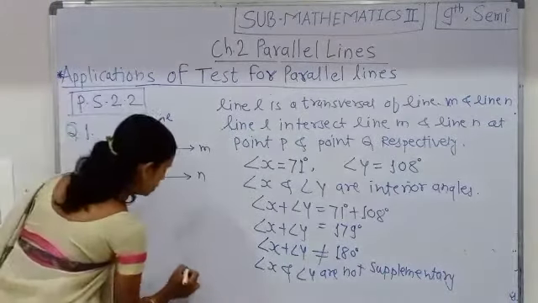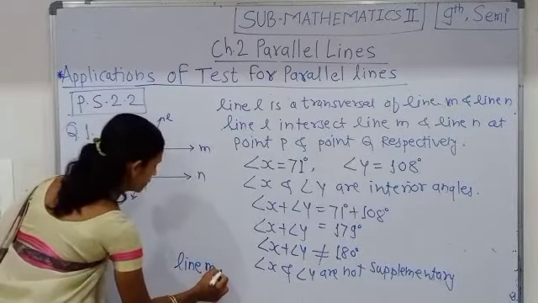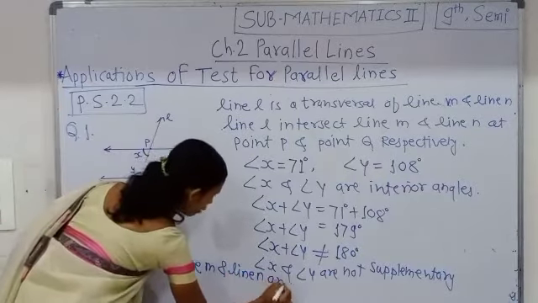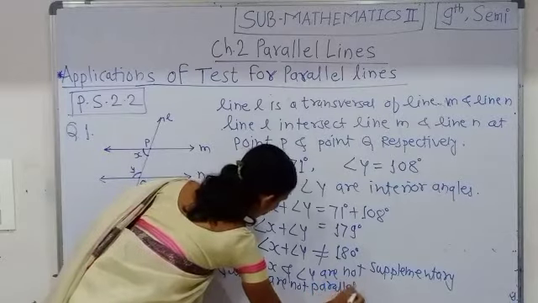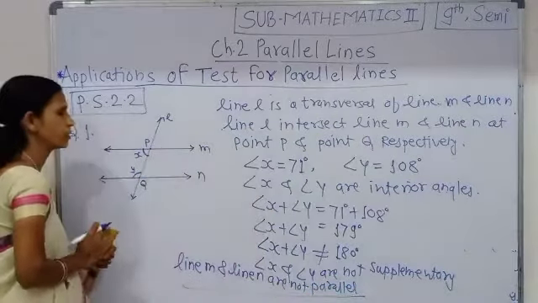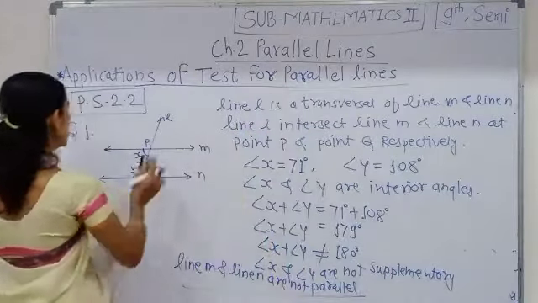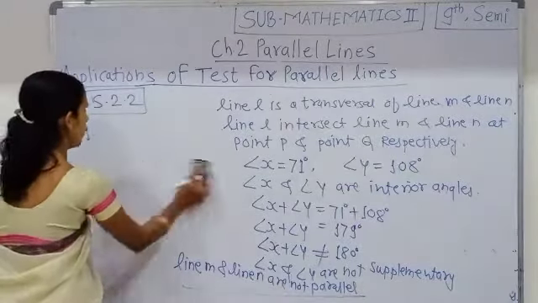Therefore line M and line N are not parallel to each other. That is the proof of the example given in question number 1.